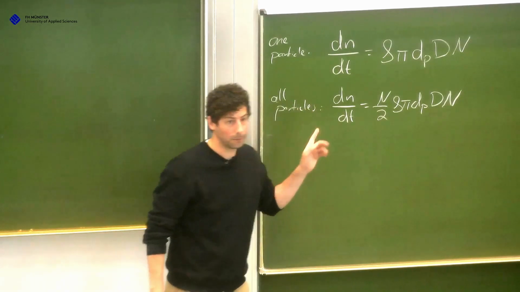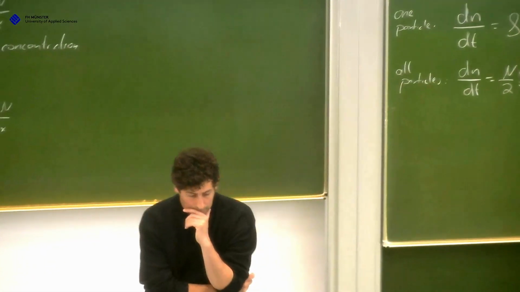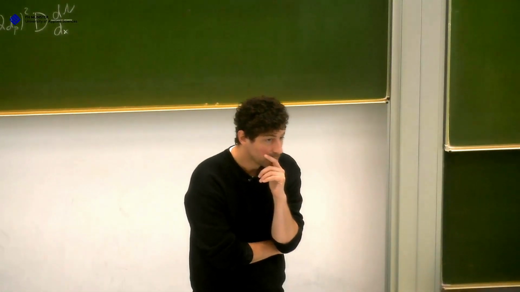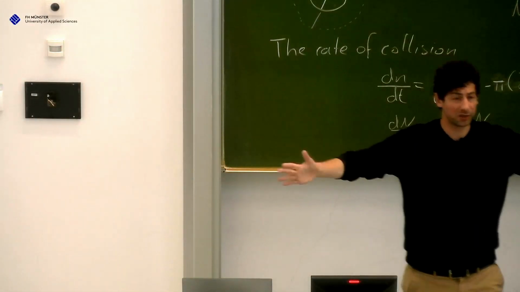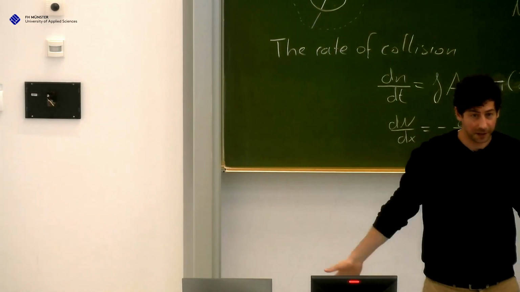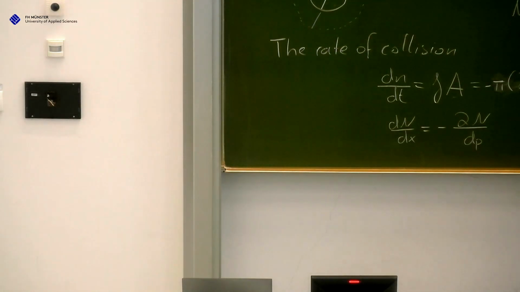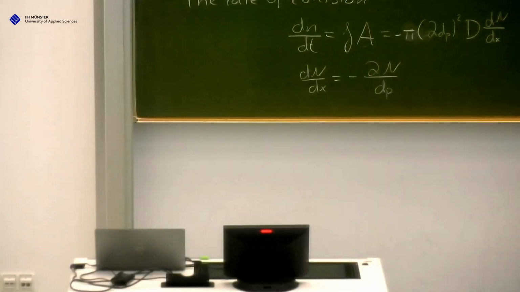And this is for all particles. So what I consider now is not only this one, now I take a box with thousands of particles. And for all of these thousands of particles, I want to calculate the number of collisions. Why the number half? Why not just the number?